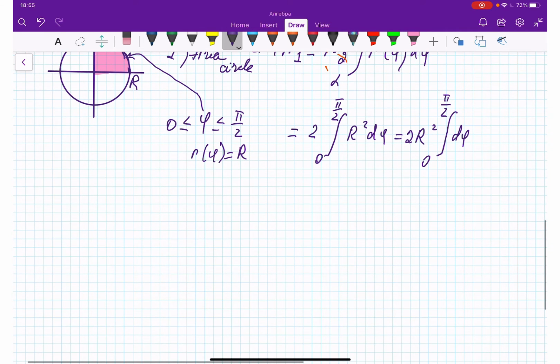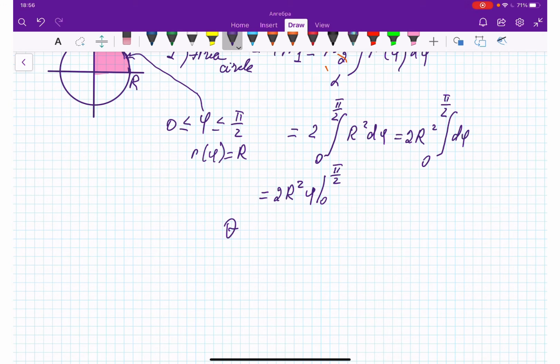So from here we have 1/2 r squared times phi, from 0 to pi over 2. This is phi, not theta.